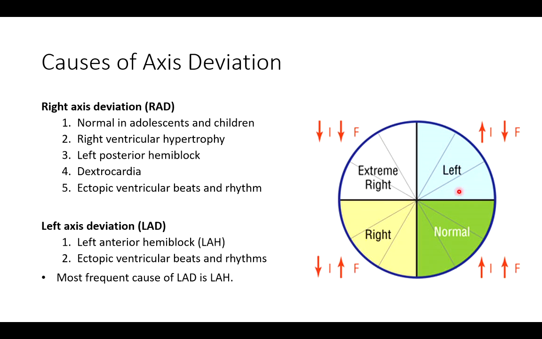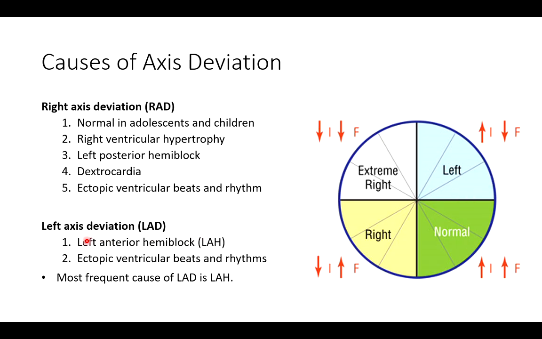Now, left axis deviation may occur with a left anterior hemiblock, and this anterior hemiblock is because of the location of the left bundle branch and how that anterior branch covers the heart. So if that turns off, more of the electrical impulse is pulled to the left side or to the left posterior, and it's going to take this normal axis and swing it up to the left.